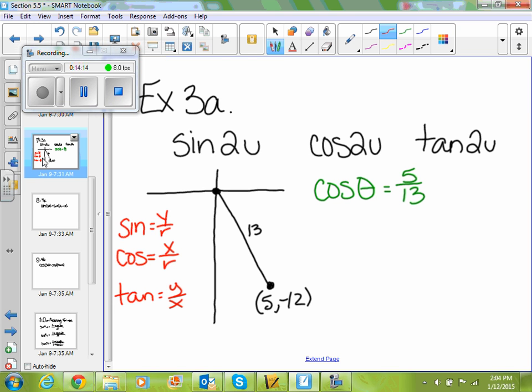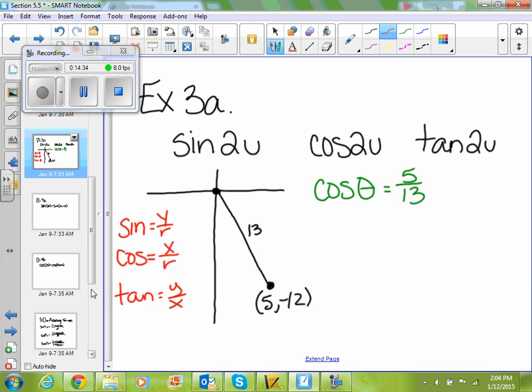Alright, and then the last thing that we're going to do is take angles that were already given and turn them into double angles. I guess that's the last part that we're doing with our double angle formulas. So I'm given cosine of theta equals 5 over 13.